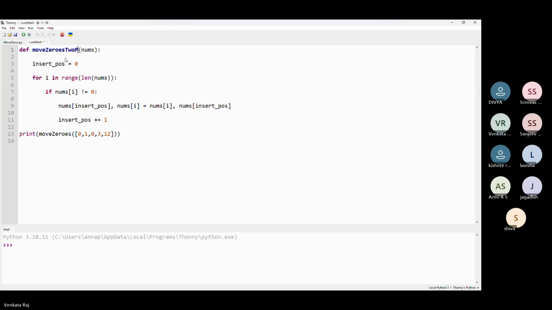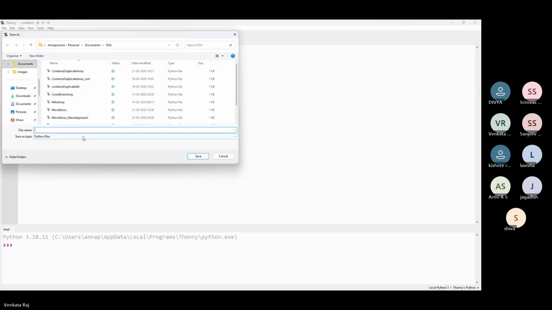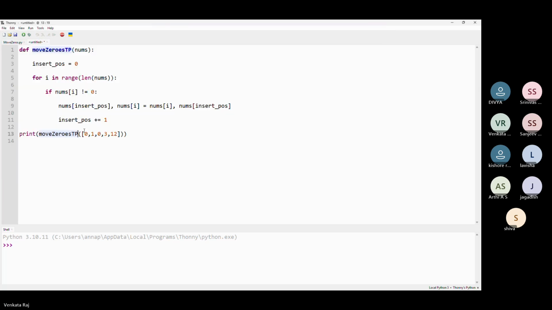So let me put it as TP for two pointer. Let me first check if my code is working.